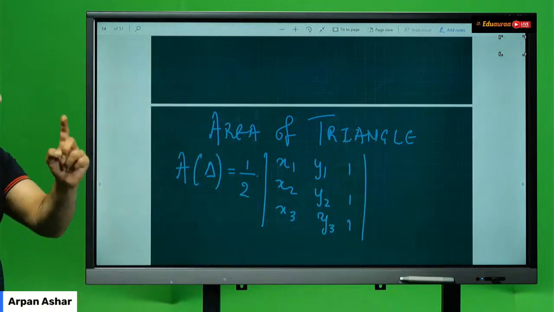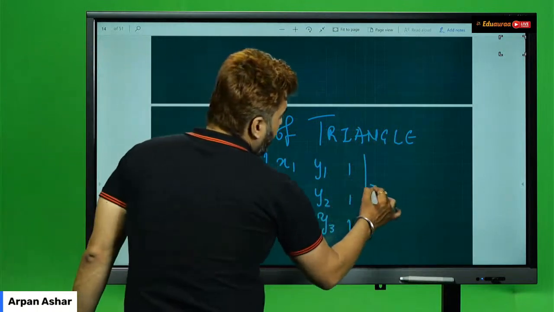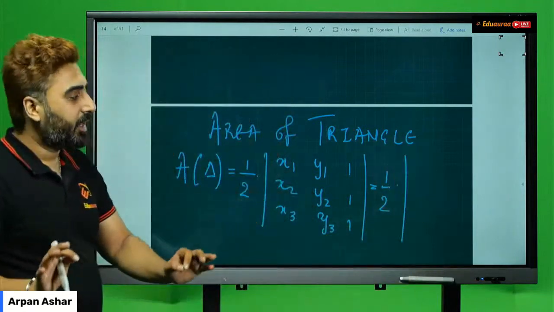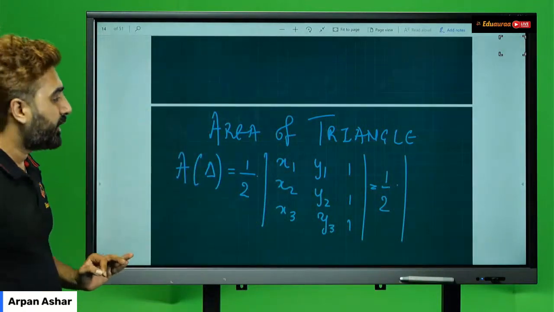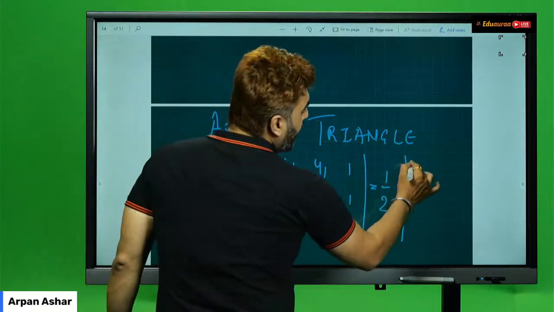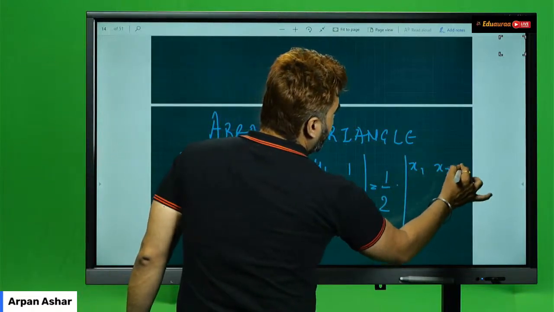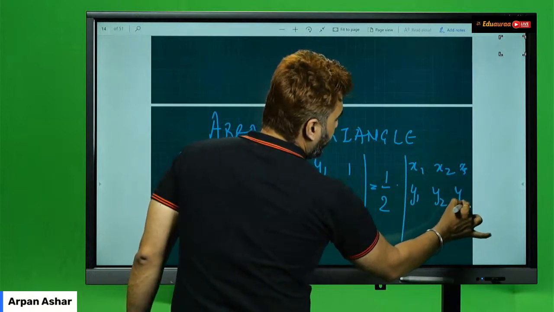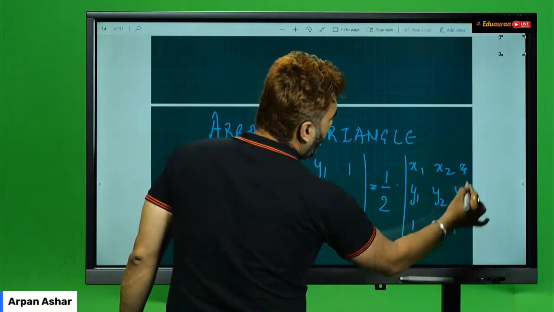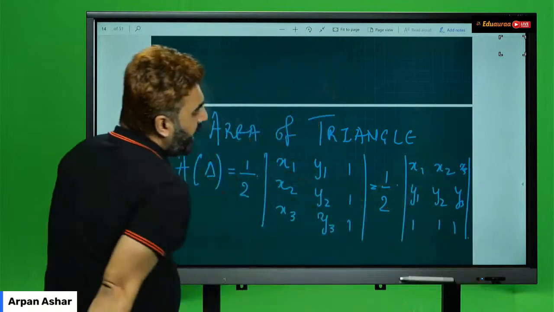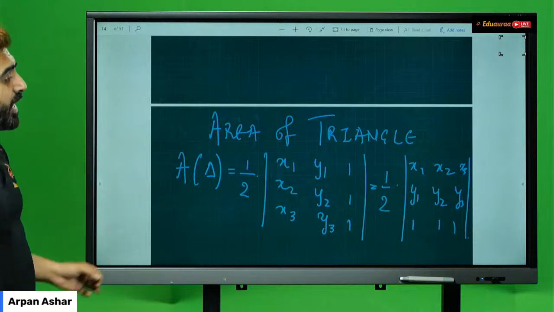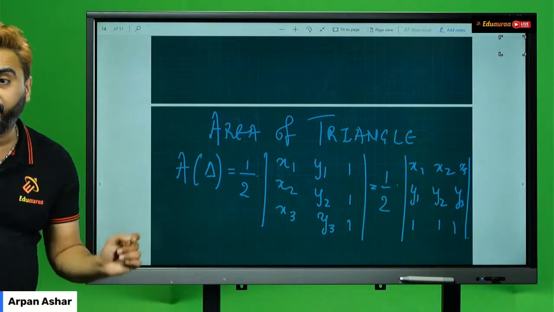Along with it, there is one more formula which is equal to 1 by 2 into the determinant; you don't have to do anything, you just have to interchange rows and columns. So this will become x1 y1 1, x2 y2 1, x3 y3 1. And this is the formula to find the area of a triangle using the determinant form.